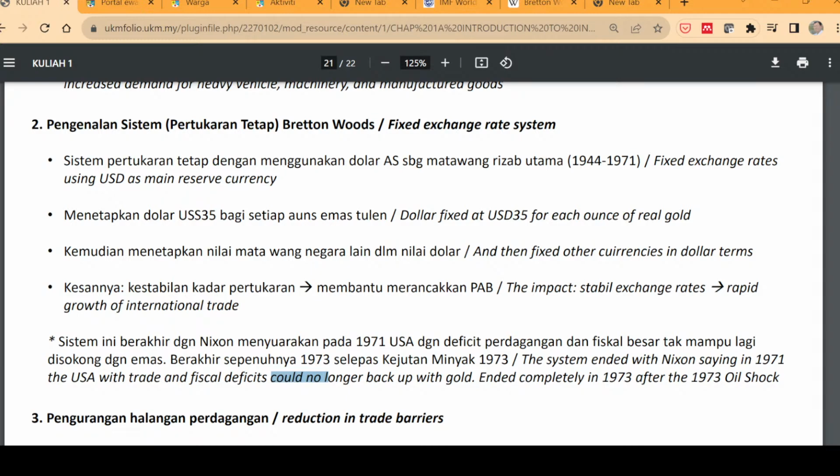Even at that time, in the early 70s, the United States already had twin deficits, which is trade and fiscal deficit.